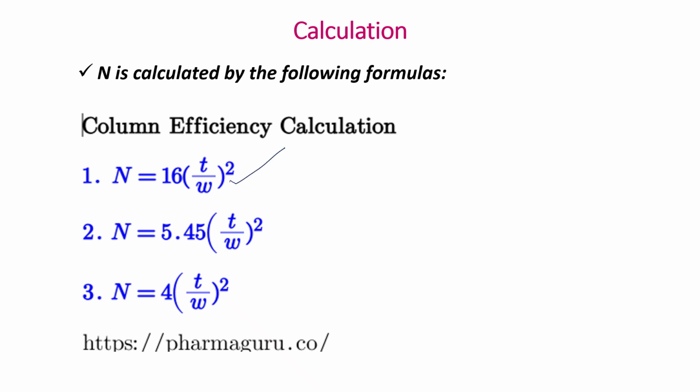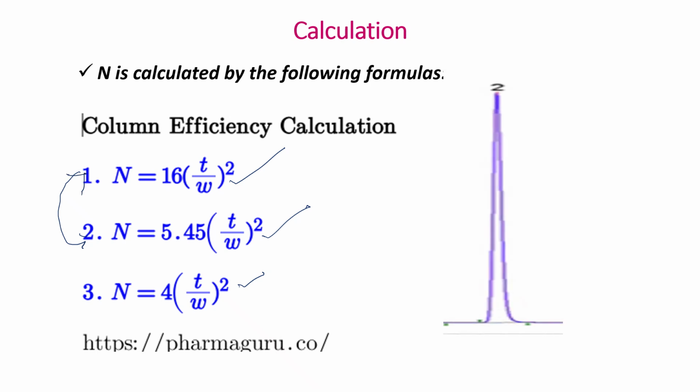Formula number 2, N is equal to 5.45 into T divided by W whole square. N is equal to 4 into T divided by W whole square. This is formula number 3. In industry, formula 1 and 2 are widely used.